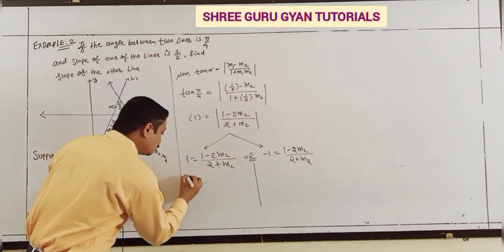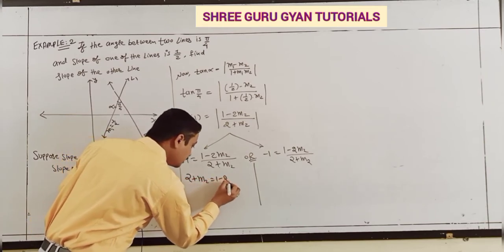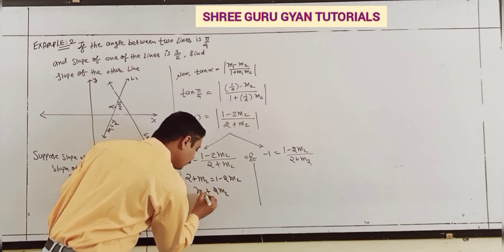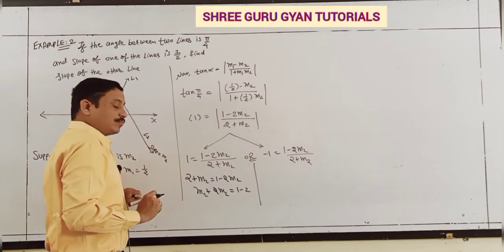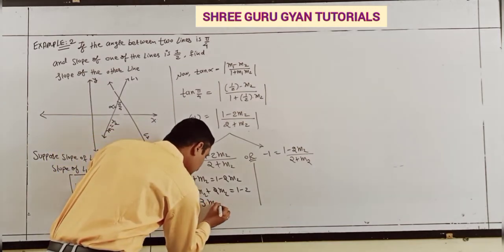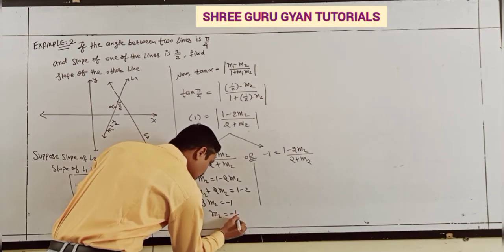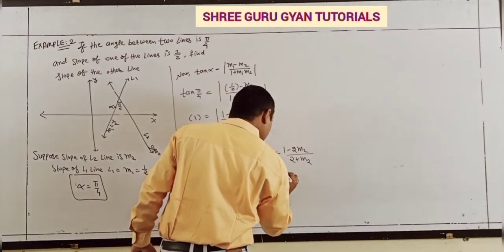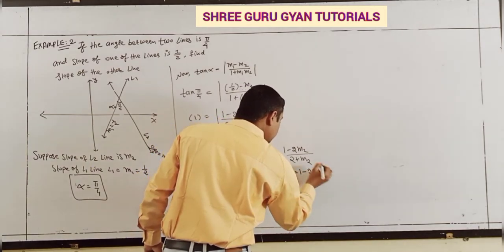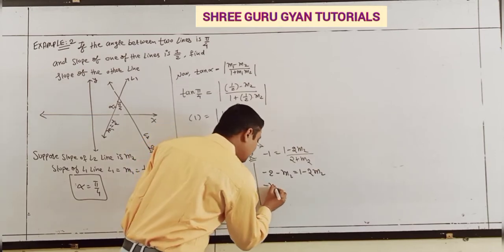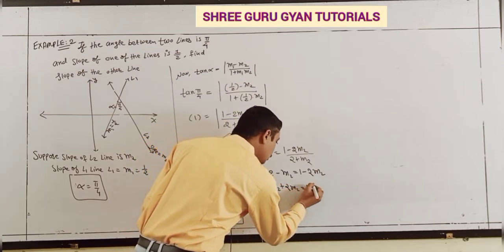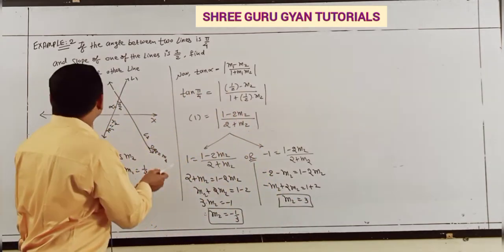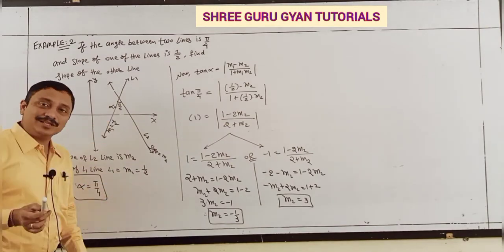So 2 plus m2 equals 1 minus 2 m2, giving m2 plus 2 m2 equals 1 minus 2, so 3 m2 equals minus 1, so m2 is minus 1/3. Similarly, minus 2 minus m2 equals 1 minus 2 m2; rearranging, minus m2 plus 2 m2 equals 1 plus 2, so m2 becomes 3. Here students, the slope of our other line is either minus 1/3 or 3.